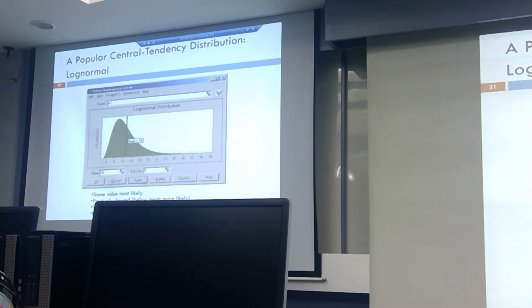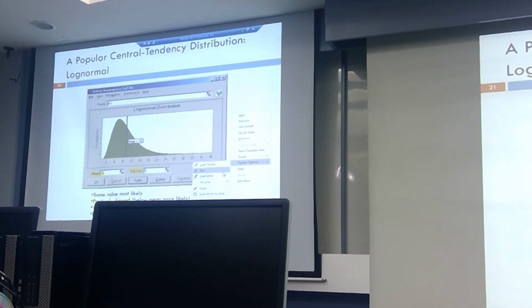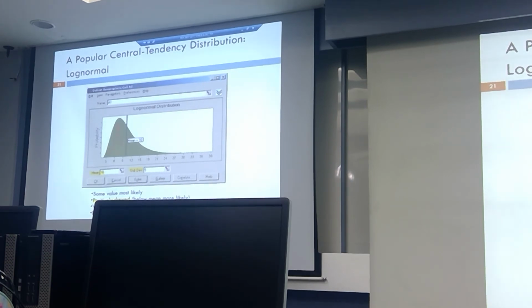Log normal, you may not be very familiar with, but you can specify the parameters, the mean and the standard deviation, the same way as the normal distribution. The character of the log normal distribution is that it's positively skewed. This means that most of the values you generate will be below the mean.